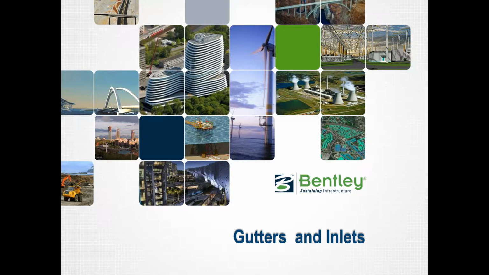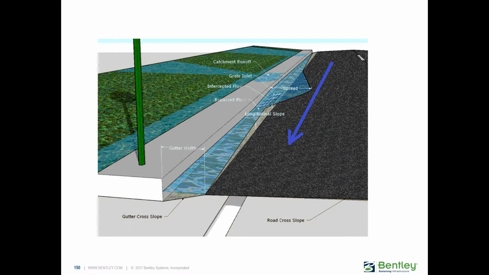and we're going to learn about gutters and inlets. Here's the picture I shared earlier, and basically, when we talk about a gutter, this is what we're talking about. So this space between the pedestrian walkway and the actual road.